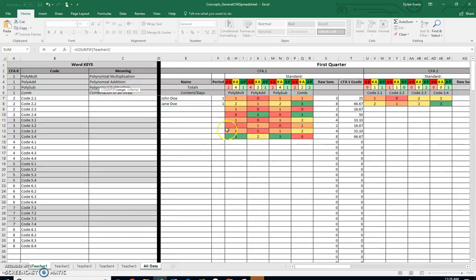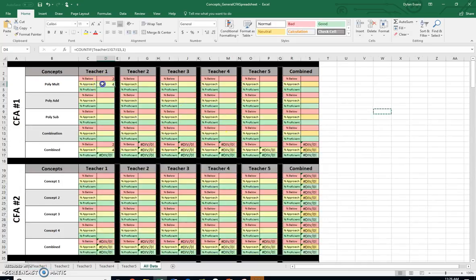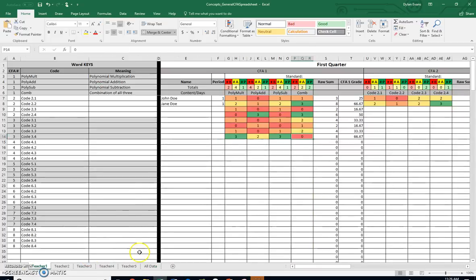I hit Teacher 1, and the criteria here is different. I'm going to have the criteria be 1. So this is the number of students who got 1 correct. I hit Enter, and we can see that is 4. If I go back, we can count the number of 1s: 1, 2, 3, 4.